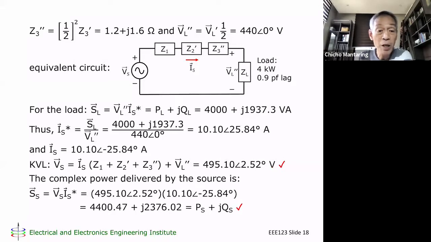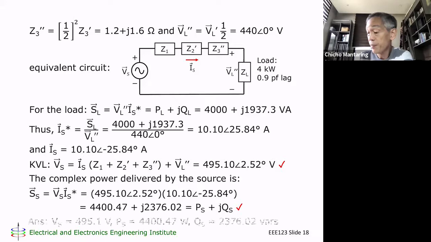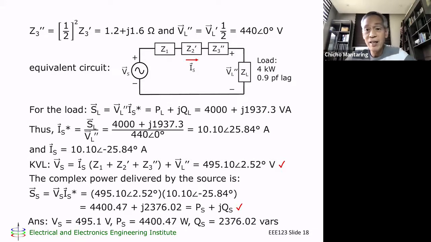And the complex power delivered by the source is just Vs multiplied by Is conjugate. And I'm going to get exactly the same answers that I got earlier. Any question?